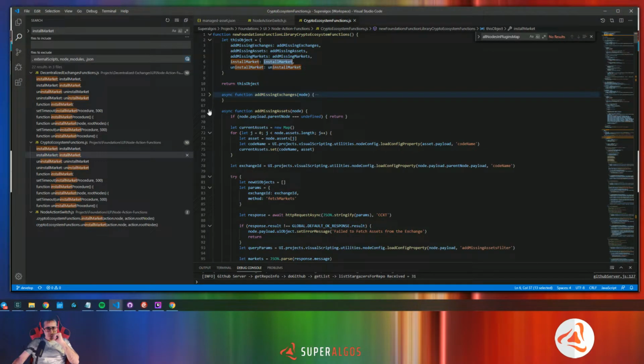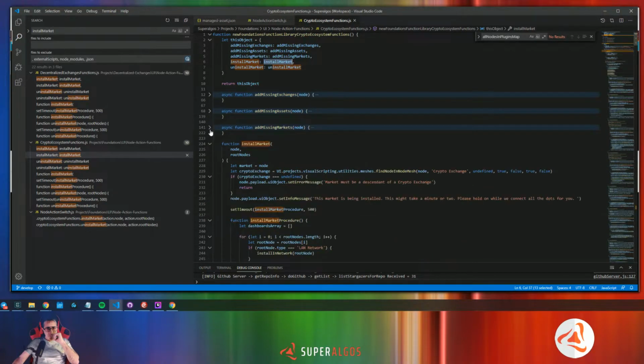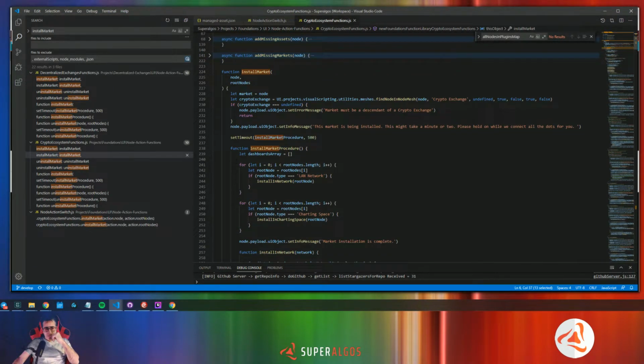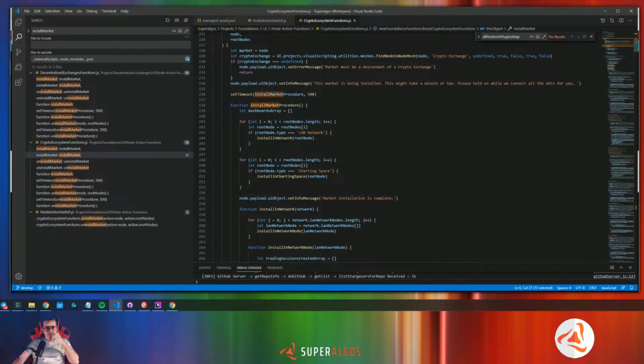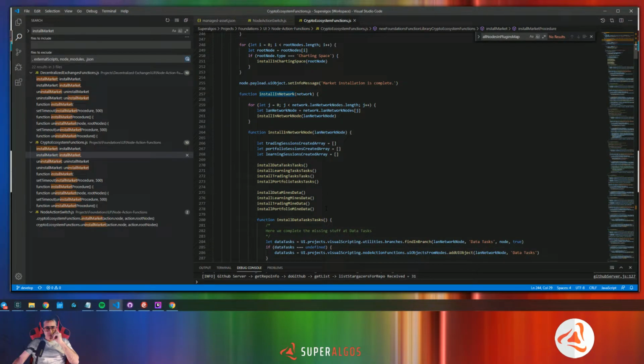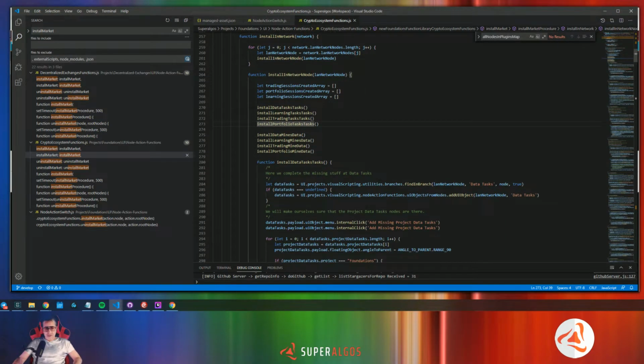Okay, install market. So there is install market procedure, install network, trading portfolio task. Okay, so far so good. We have a task for portfolio management.